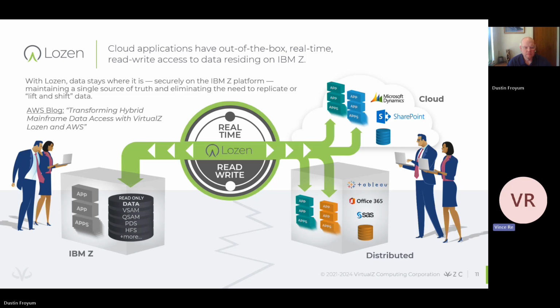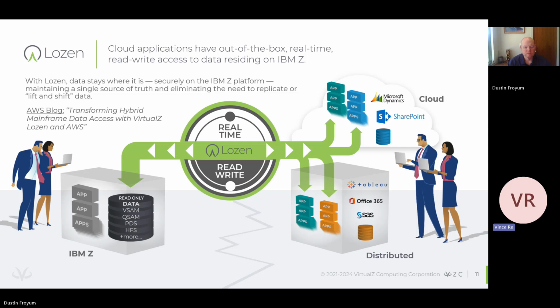So Lozen kind of breaks all of those issues apart. What we do is we let you keep the data on the mainframe, so all those other applications that still need access can continue to reference the data, but suddenly you have data access no matter where you need it.